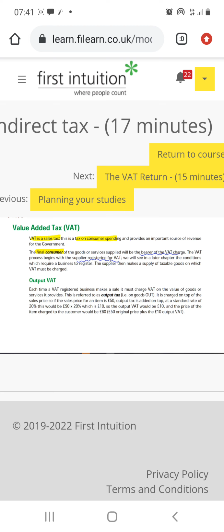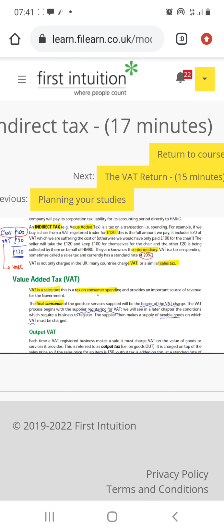Once somebody has registered for VAT, that means when they sell taxable goods, they have to add VAT on, like our chair. Once this person has registered for VAT, they have a chair. They can't just sell it for £100 now. If £100 is how much they want to keep, they must add the VAT on top.